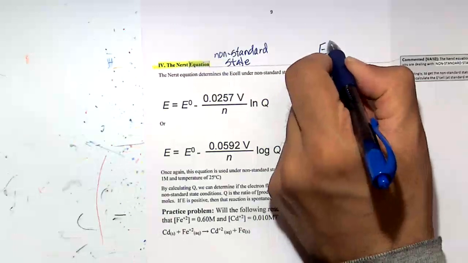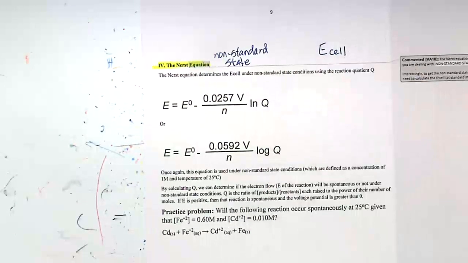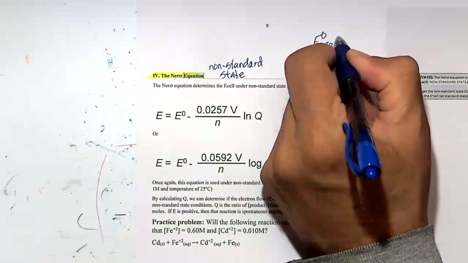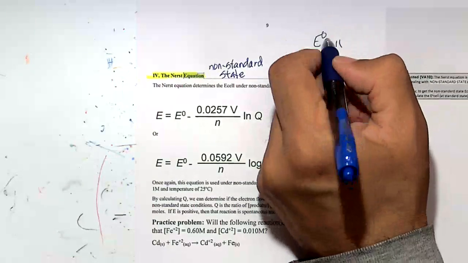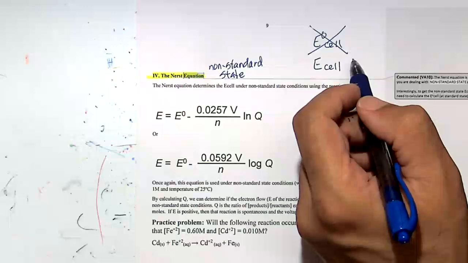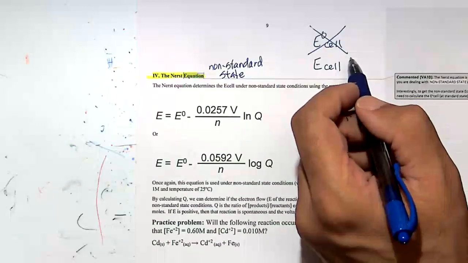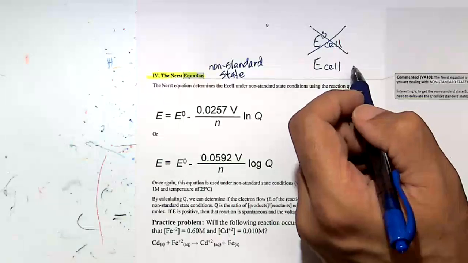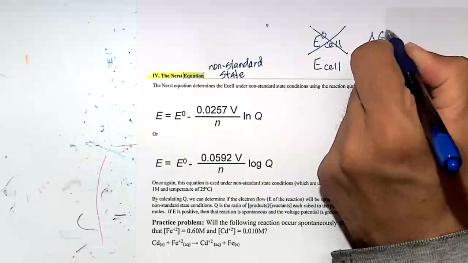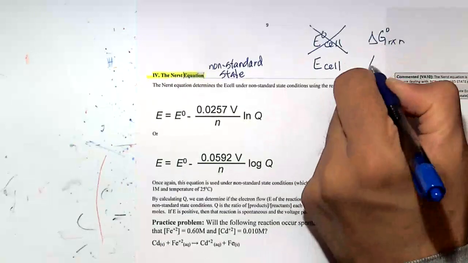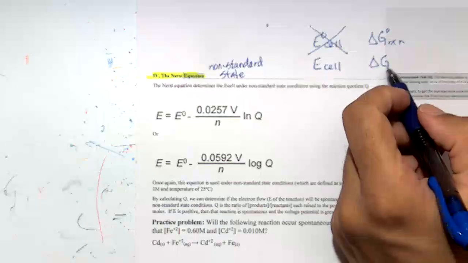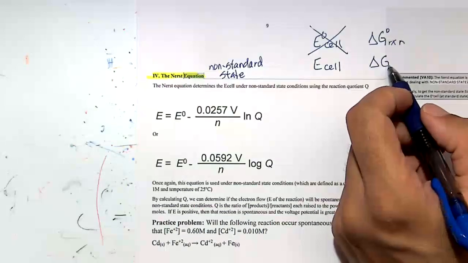So we have E cell, which is not E cell standard. It's under non-standard state, maybe 35 degrees, maybe 75 degrees, maybe 2 molar, whatever it is. We also have standard state delta G and non-standard state delta G, maybe at 100 degrees, maybe 5 molar.